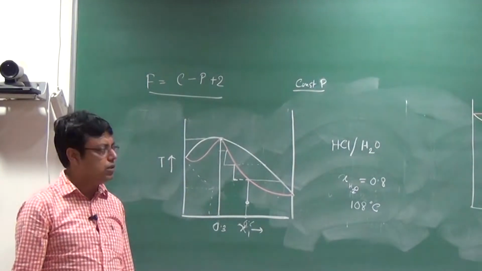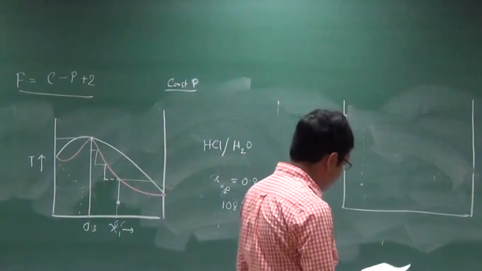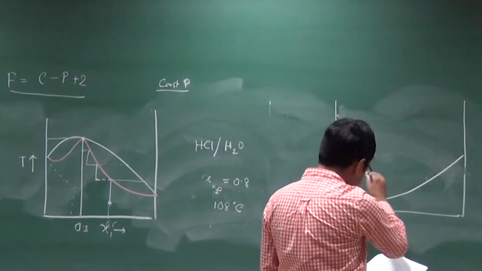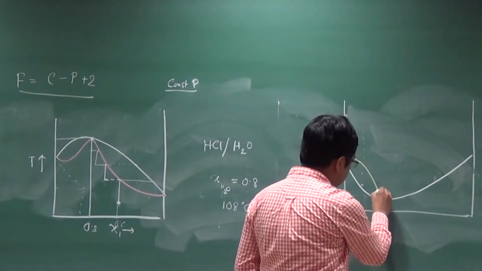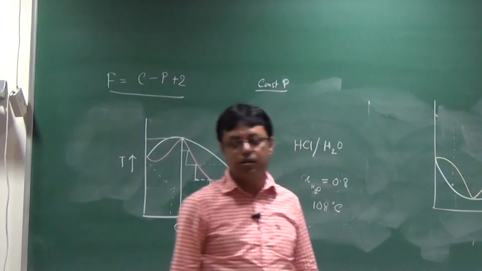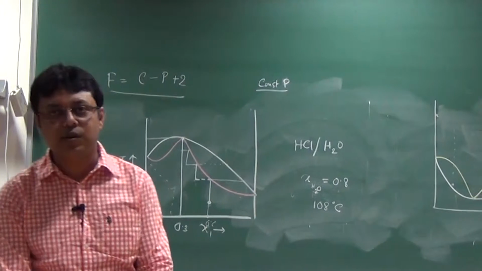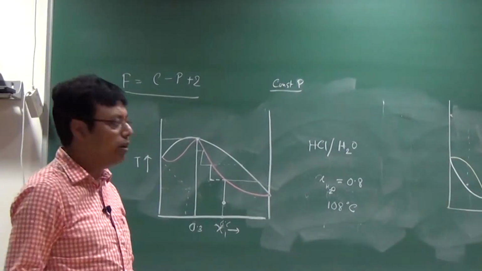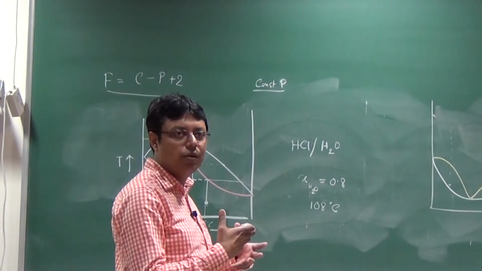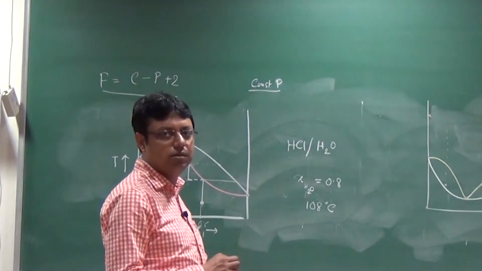So how will the other way look? It will be something like this. So here it is the other way, as you can see. The other way means it is boiling at a lower temperature.